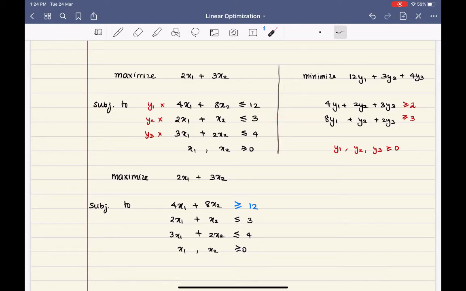The other way is that the y1 that we multiplied with here, we kept it to be positive. Instead, here we will multiply it with a y1 which we can ask to be negative. Okay, this gives us the following dual.